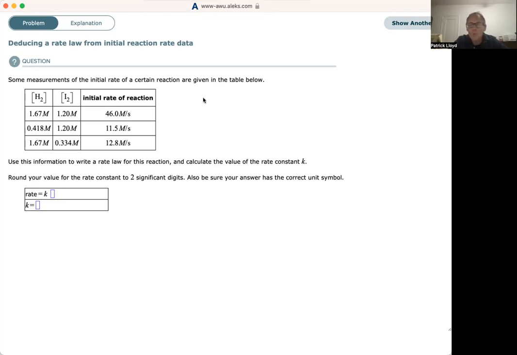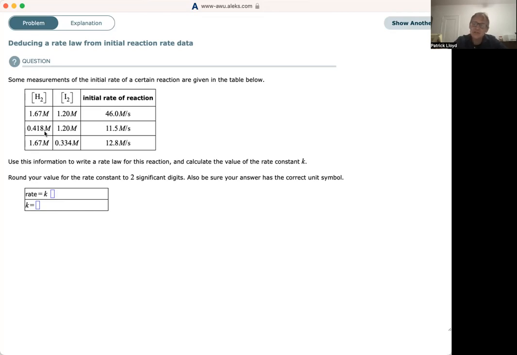So in experiment 1, the concentration of H2 is 1.67 molar. The initial concentration of I2 is 1.20 molar. And then that means the initial rate of reaction is 46.0 molarity per second. Okay. In experiment 2, we change the concentration of H2.